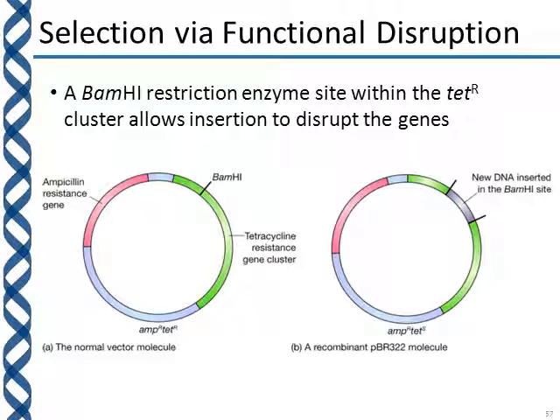A BamHI restriction enzyme site within the tetracycline resistance cluster allows insertion to disrupt the genes. Here you see A shows the normal vector molecule, and B the recombinant molecule. In this case, we have the new DNA inserted in the BamHI site.